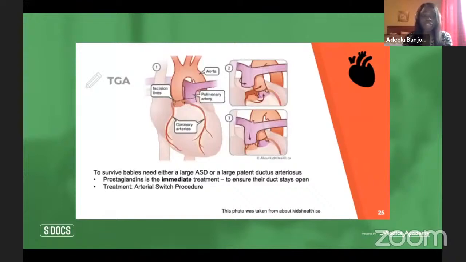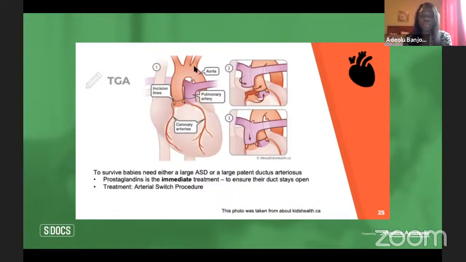In order to manage a baby with a transposition of the great arteries, in order for them to even survive before you intervene, they usually have a large ASD or a patent ductus arteriosus. So just in case, the immediate treatment for any baby diagnosed with a TGA is to give them prostaglandins to make sure that their duct stays open, because that duct is the only thing that's causing oxygenated blood to get to their body.